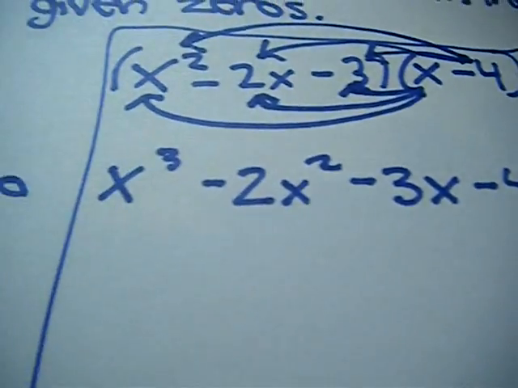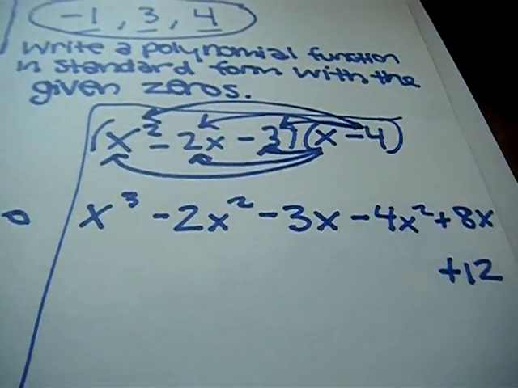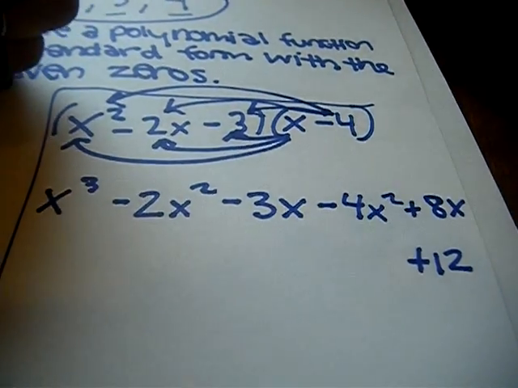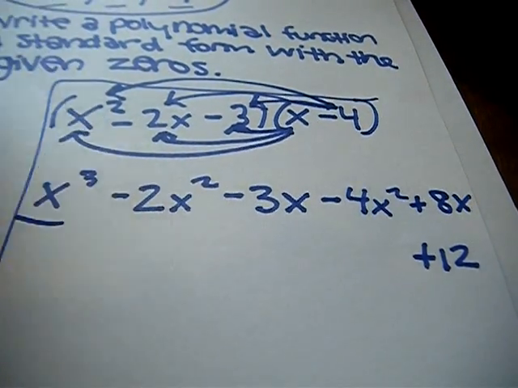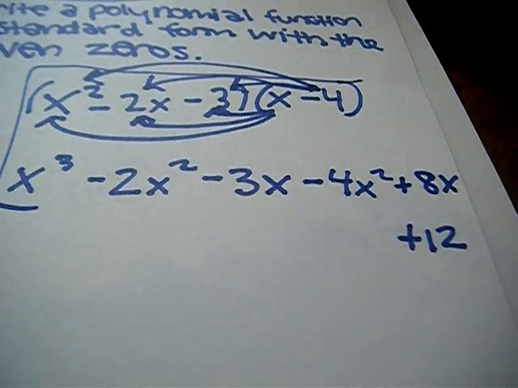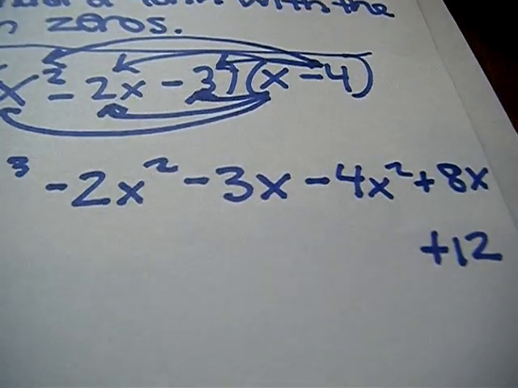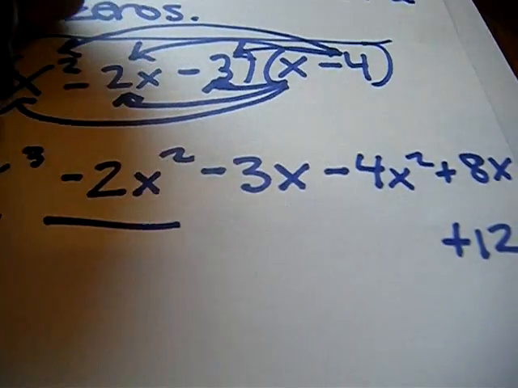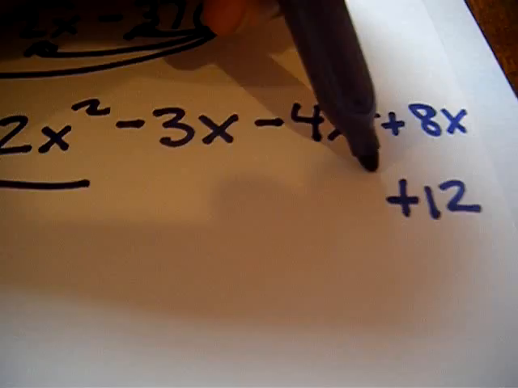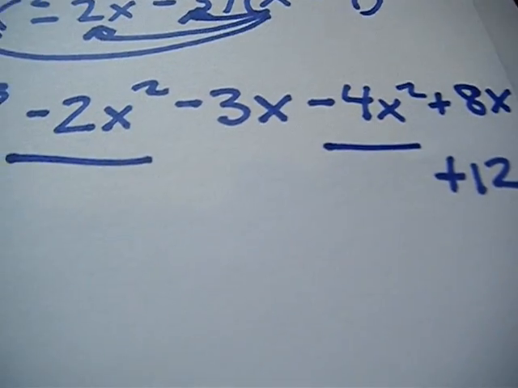So then you need to simplify this equation by combining like terms. x to the third has no like terms, so you can write it at the bottom in your final answer. -2x squared and -4x squared are like terms.